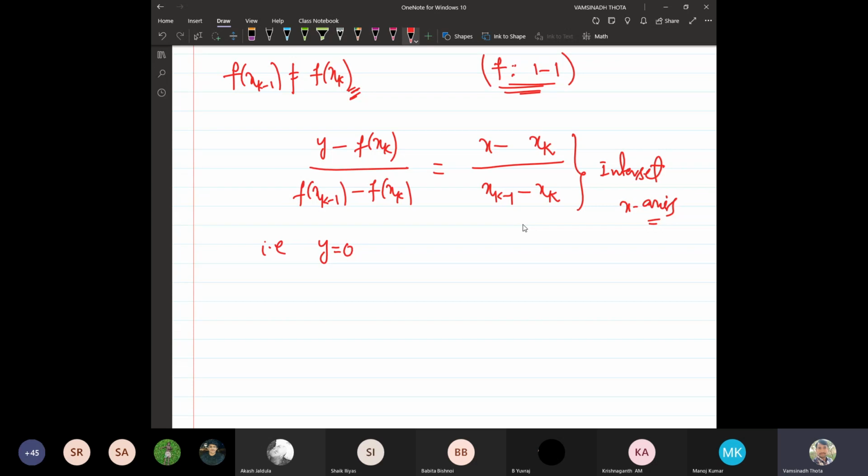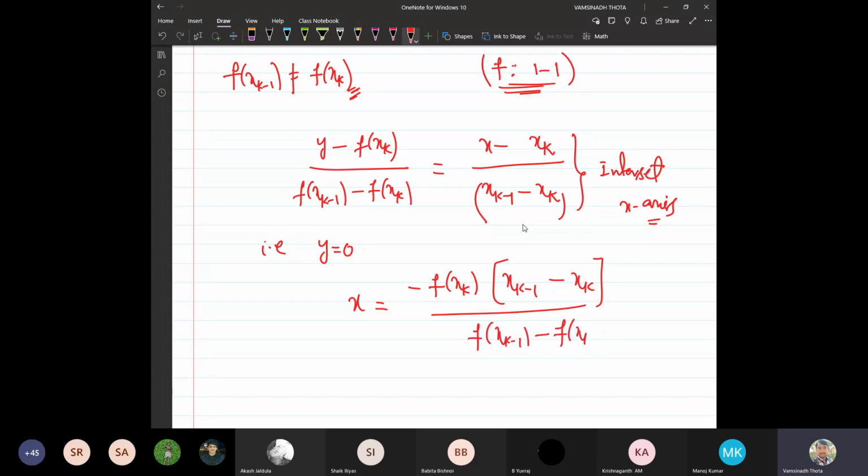So if y is 0, then x is equal to, bringing this term to this side, minus f(x_k) times (x_{k-1} - x_k) upon f(x_{k-1}) - f(x_k), right? And minus x_k is there, so bring that one to this side, so we will be having plus x_k.